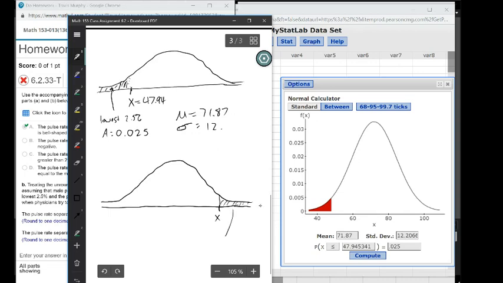So that's the area corresponding to the highest 2.5%, which means that all of this area over here is 1 minus the percentage as a decimal.